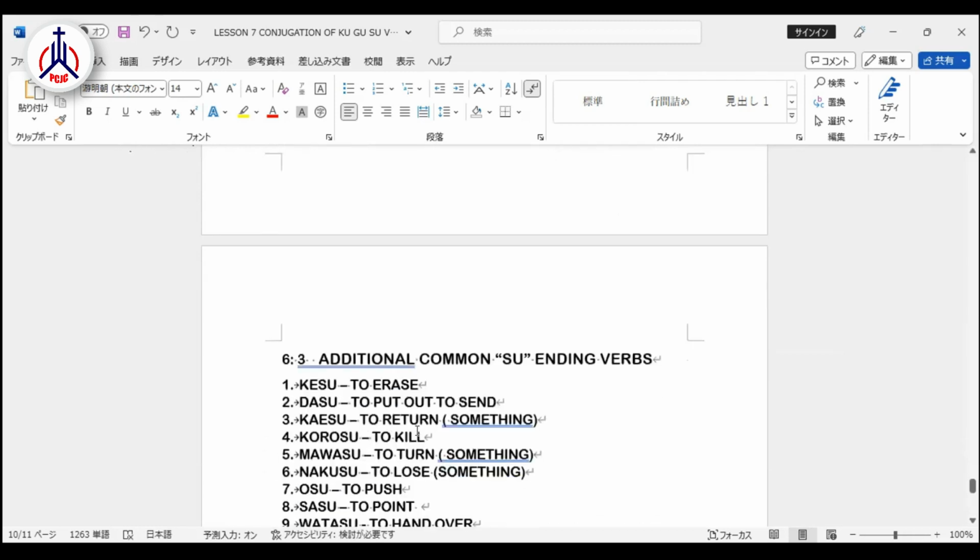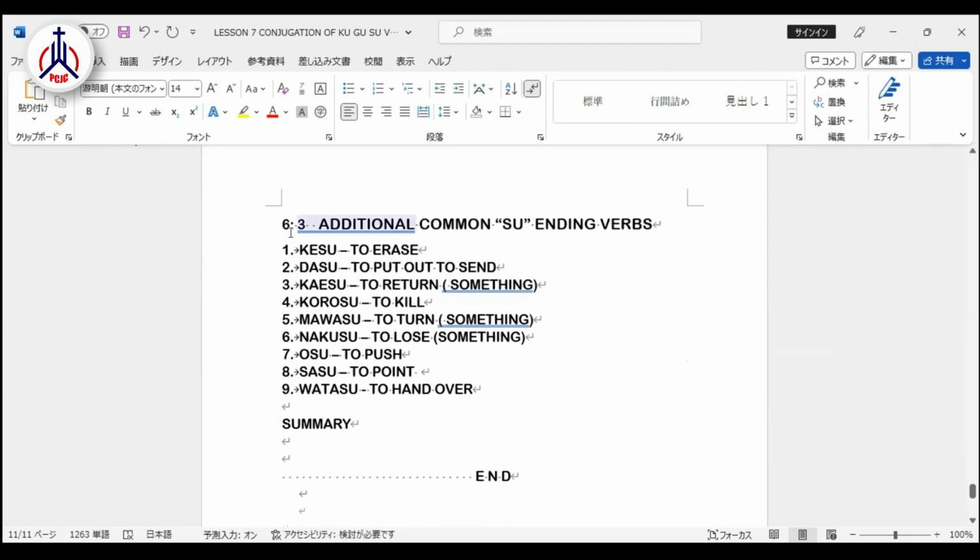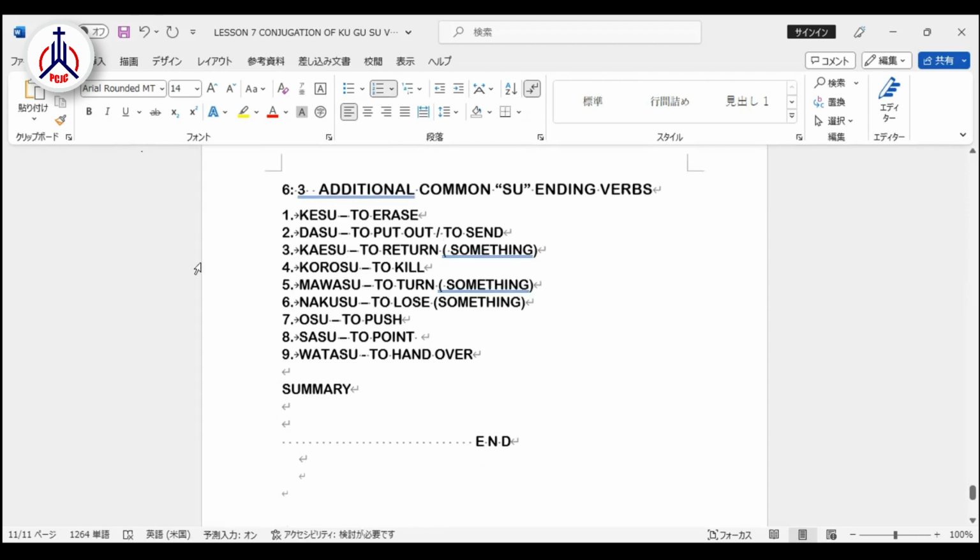Okay? So I will give you another additional common su ending verbs. Kesu means to erase. Dasu means to put out or to send. Kaisu means to return something. Korosu means to kill.